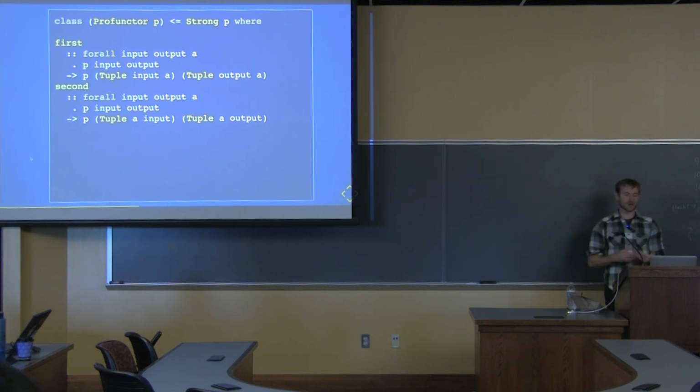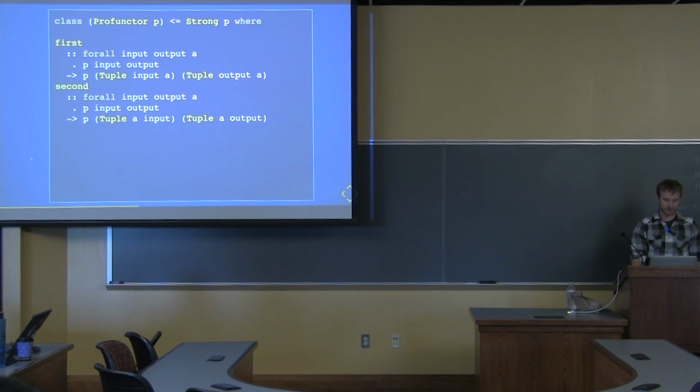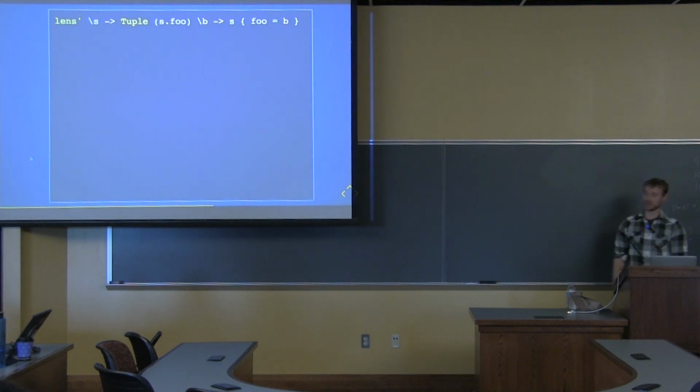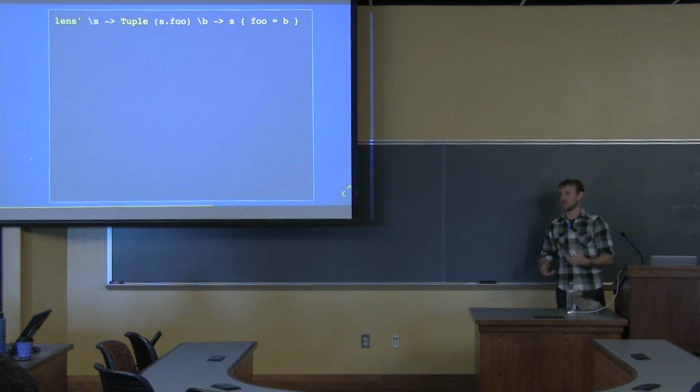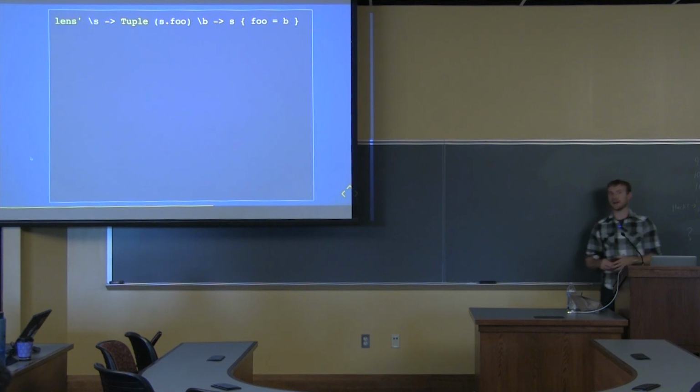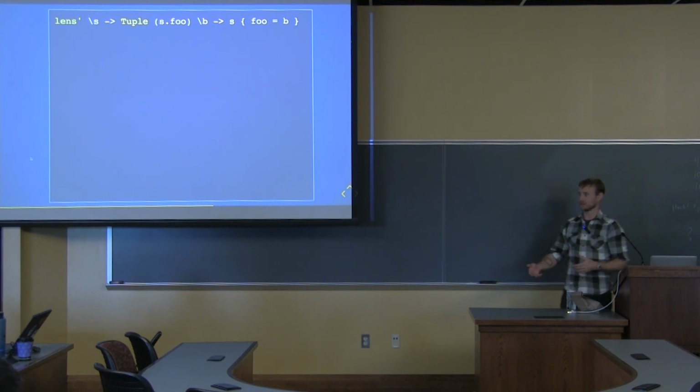You're starting to see tuples in the implementation here. So lens is calling lens prime, and it's giving it this function that's going to ultimately output a tuple. So we're starting to see why it is going to be important to be able to lift a function over a tuple.